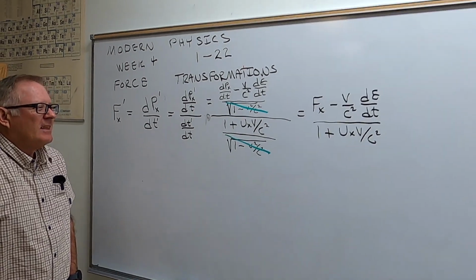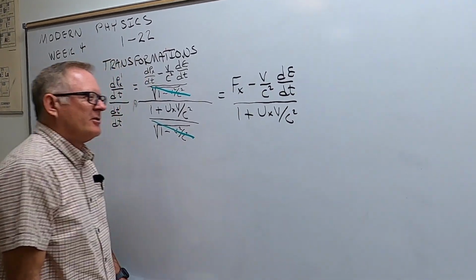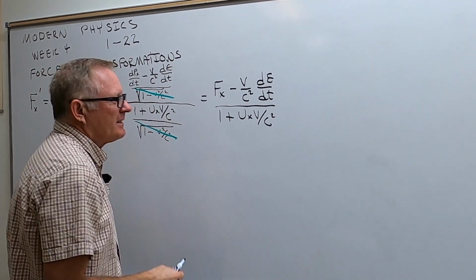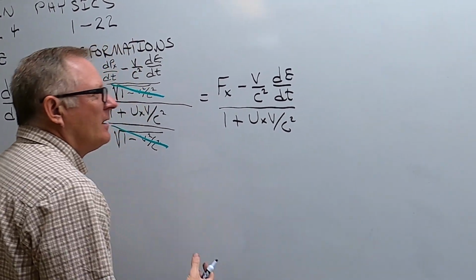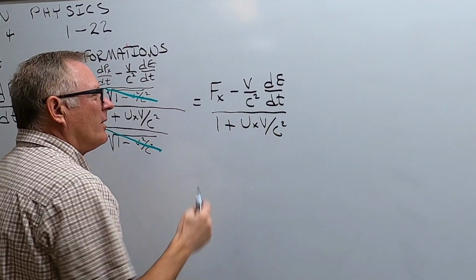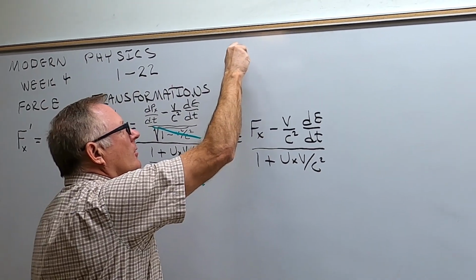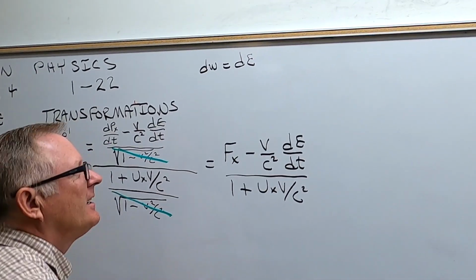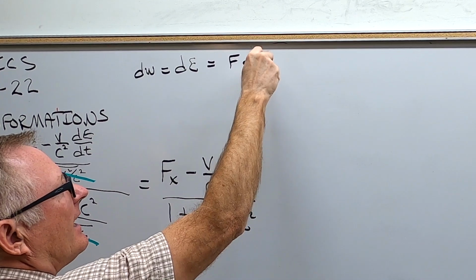Now, I don't want to leave that dE dt in there. What is the derivative of energy with respect to time? Well, that's really a power. I don't want to just call it power. I'd rather say, you remember we said dW or dE, which is the same thing, a little amount of work or energy, is just defined as F dotted with ds.